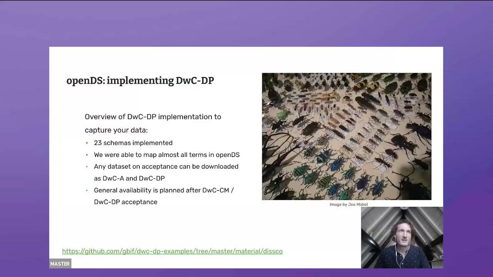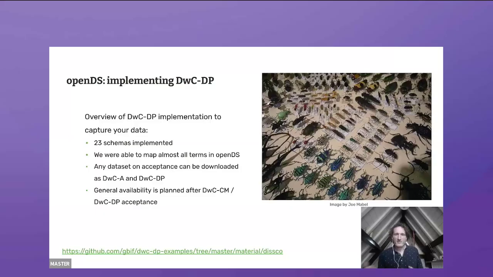In the implementation, we implement about 23 schemas, and we were able to map almost all of our OpenDS terms. In our acceptance environment, you can now download any dataset that we have, both as a Darwin Core archive and as a Darwin Core Data Package. So you could actually view those two and see what the differences are.